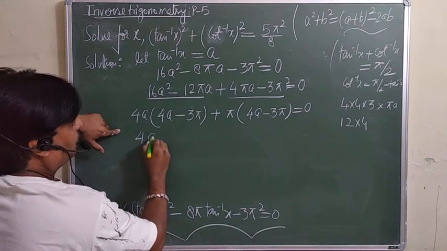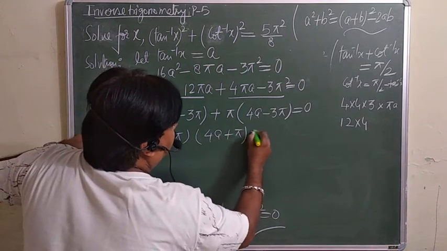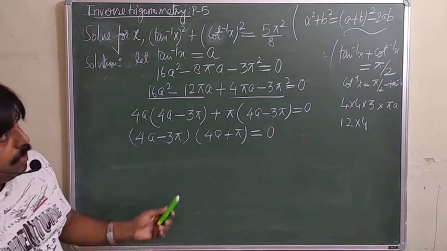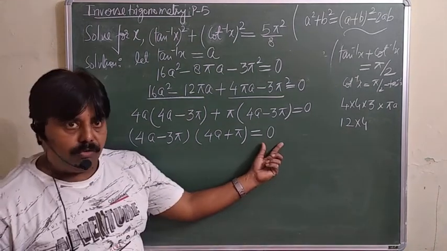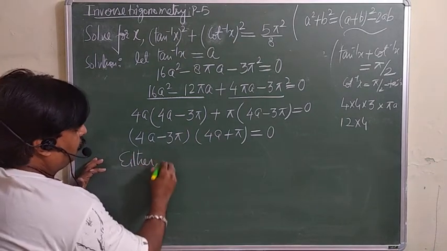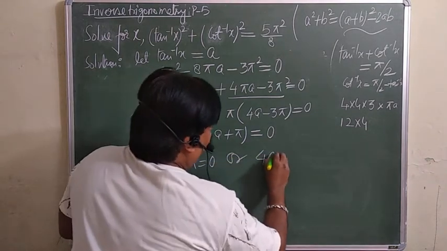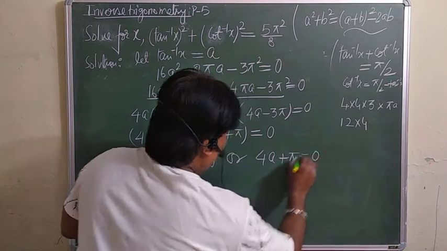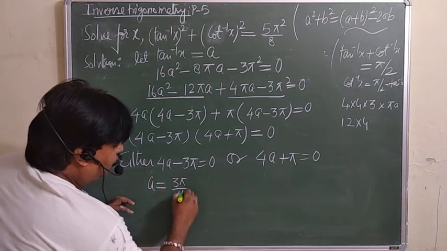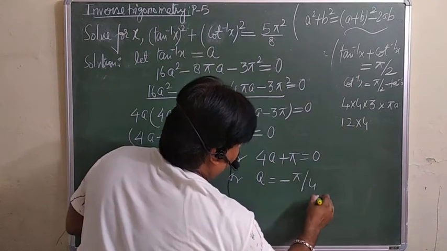The product of these two is 0, so either 4a minus 3 pi is equal to 0 or 4a plus pi is equal to 0. From the first, a will be equal to 3 pi by 4, and from the second, a will be equal to minus pi by 4.